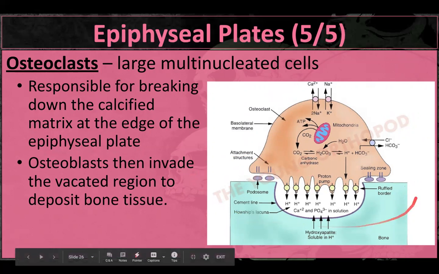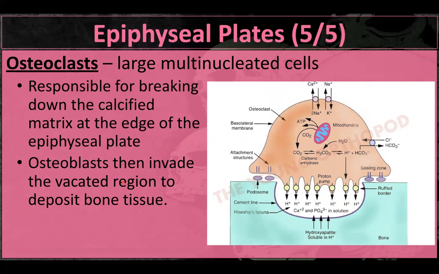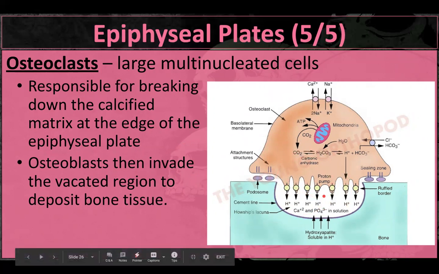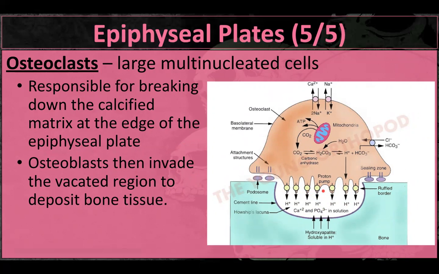Okay, so the action of the osteoclasts helps to provide the place for osteoblasts to then come in to deposit their bone tissue. So the osteoclasts are responsible for getting rid of the cartilage, which did its job by helping to thicken the plate, but then eventually it's going to need to be replaced by living bone tissue.